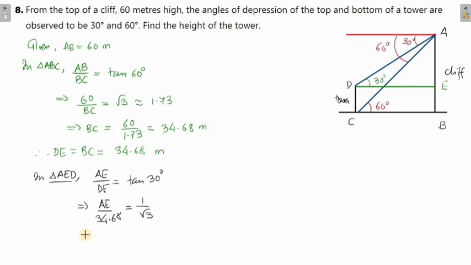So AE equals 34.68 divided by root 3. Let me write 1.73 in place of root 3.